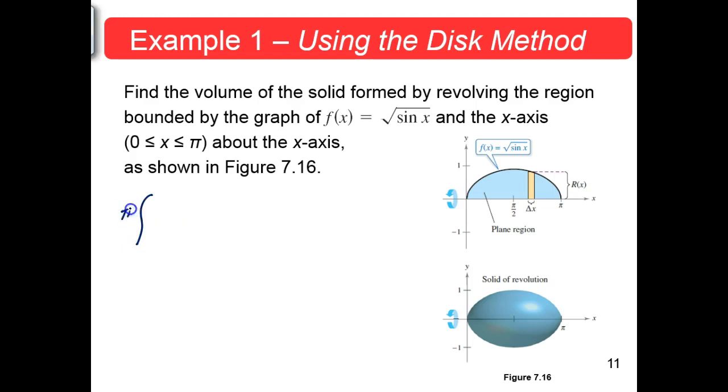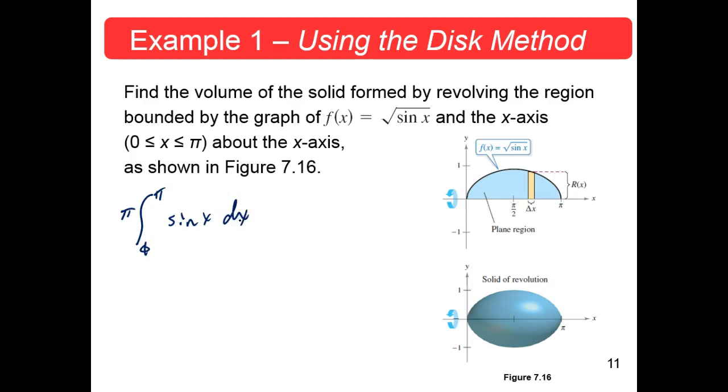Okay, pi times, 0 to pi will be your limits. Okay. Your f of x is your height here, but what are you doing with it? Squaring it. And if this f of x is square root of sine x, when you square that, you get sine x dx.